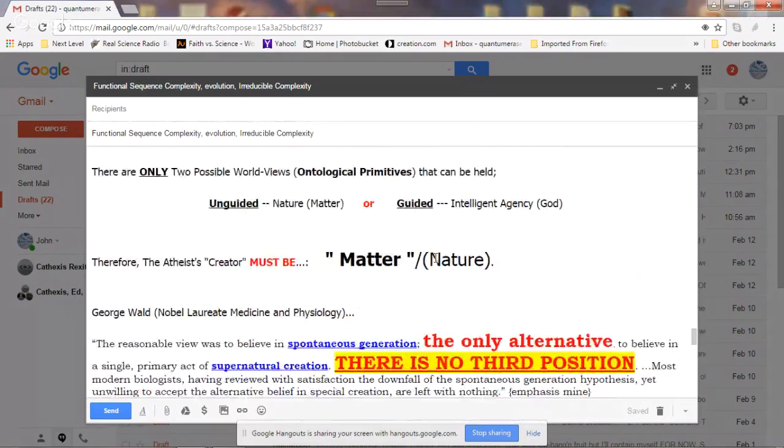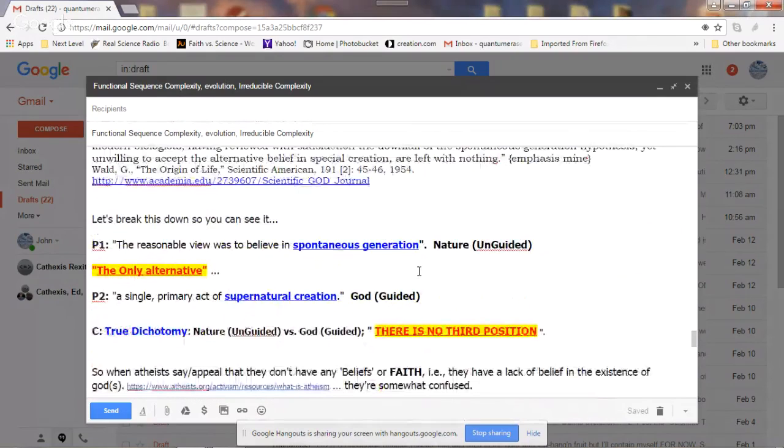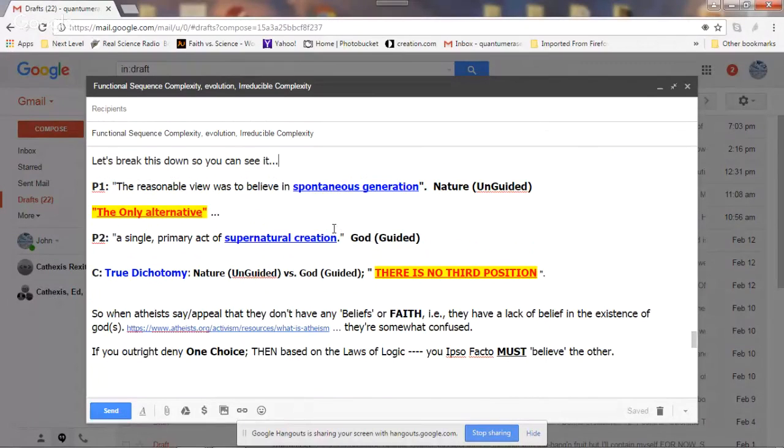There's only two positions. So let's break it down real quick. Premise one, the reasonable view was to believe in spontaneous generation. So that's nature or unguided. The only alternative is what? Primary act of supernatural creation. God guided. That's your only two positions.